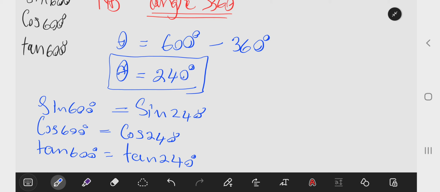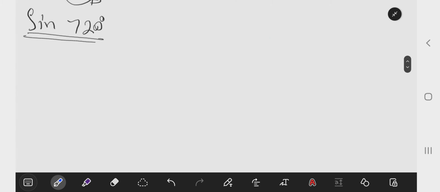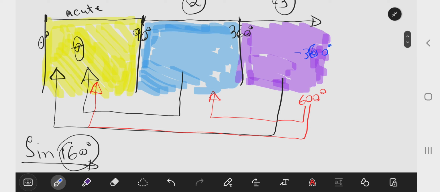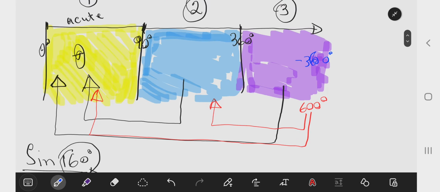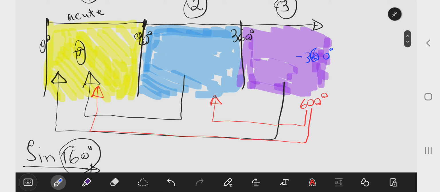But now we have reduced this angle from the third region into the second region, because 240 degrees is in the second region, which is greater than 90 and less than 360. So we have to further reduce this angle, which is 240, into the first region, which is from 0 to 90.